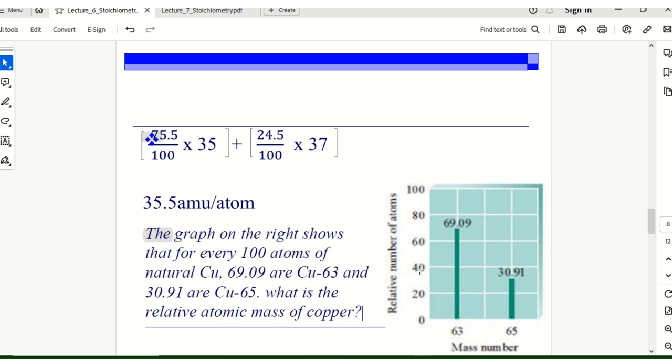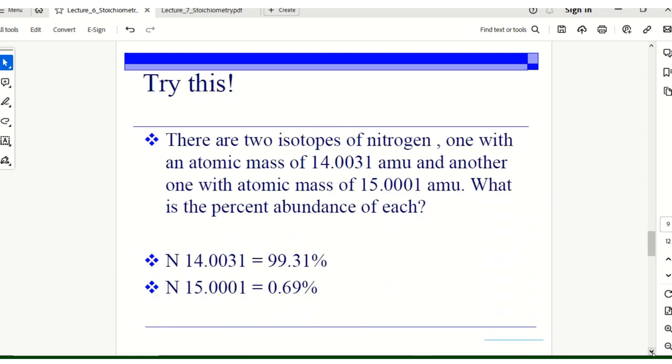Right, here's another example. Here we have been given the answer, but we need to find what the question says.